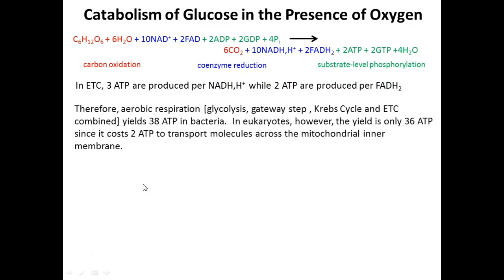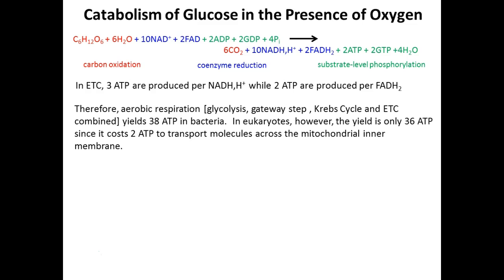So theoretically, aerobic respiration, combining glycolysis, the gateway step, Krebs cycle, and electron transport, for each molecule of glucose, you could get up to 38 ATPs. That's a lot of energy. In eukaryotes, the yield is only about 36 because of the transport that has to happen in the mitochondria.